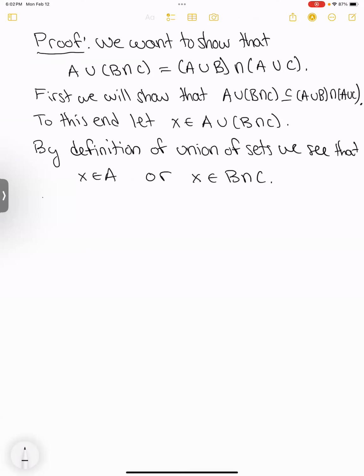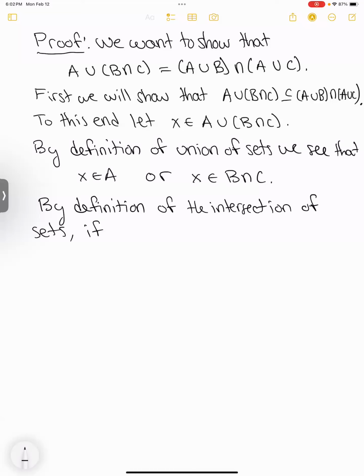Okay. So now, by definition of intersection of sets, if X is in B intersects C, then notice I say if here because I don't actually know that X is in B intersects C. There's an or here.